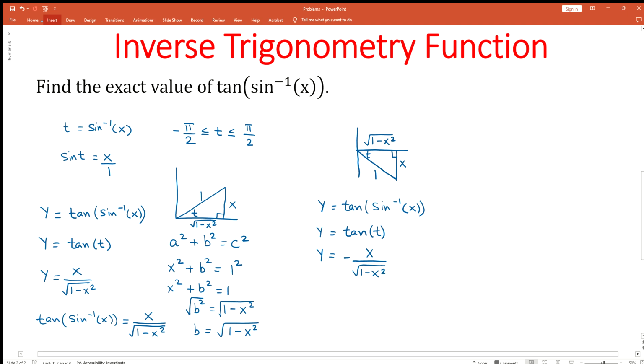This is the expression for y if x is a negative value. Therefore, in quadrant 4, the exact value of tan of inverse of sine of x is equal to negative x over square root of 1 minus x squared.